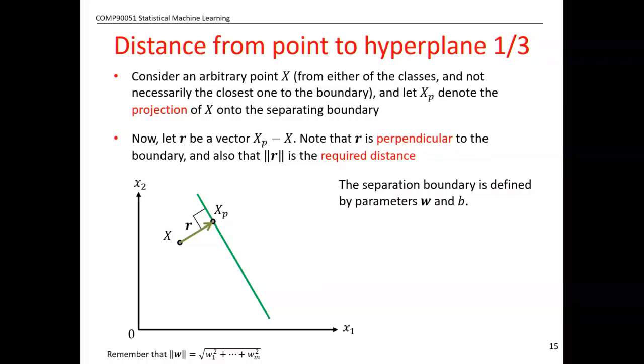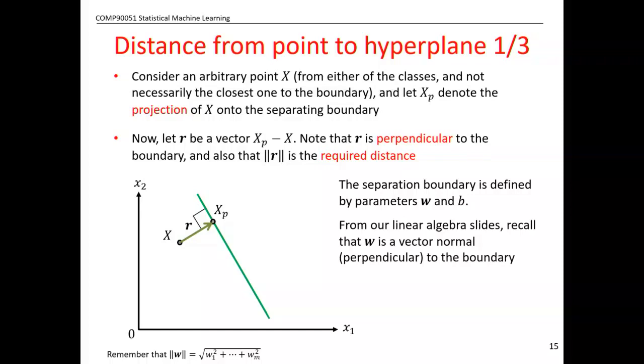Recall from what we've had before with linear classifiers, this kind of boundary is defined by the weight vector w and also the offset b. So we want to convert an expression for the length of r to only depend on w and b, and potentially x.